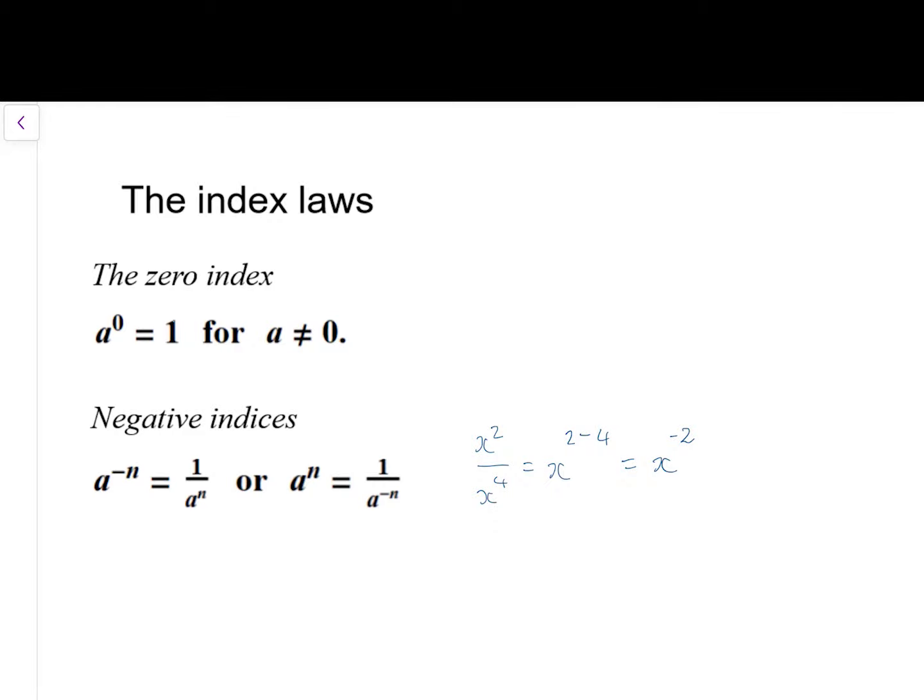Whereas if we looked at this same expression, x squared over x to the power of 4, as an expanded form fraction, then what we get is a fraction with a positive index. So what we can say, using that same tack, is that a base with a negative index is the same as the reciprocal of that term with a positive index.